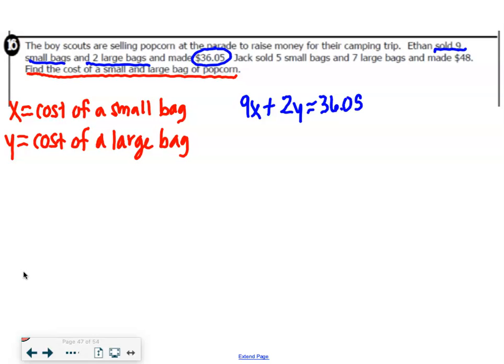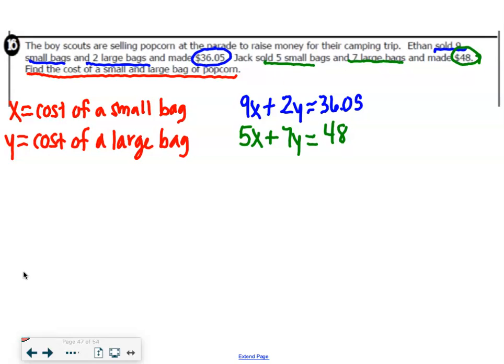Now if we go to Jack, Jack sold 5 small bags and 7 large bags for a total of 48. So now we have our 2 equations, and now we simply just eliminate.